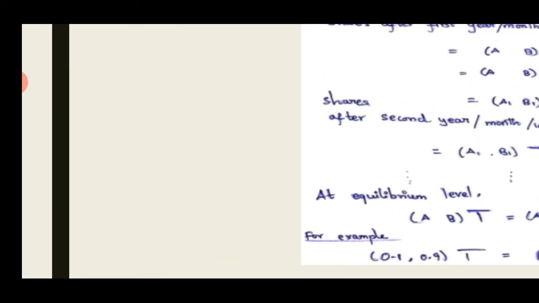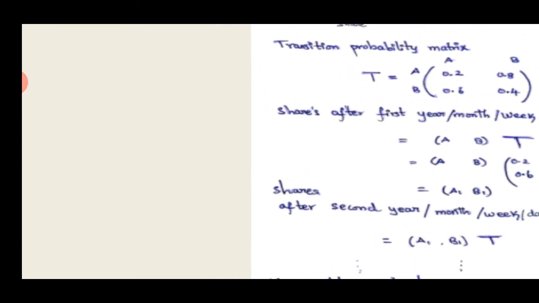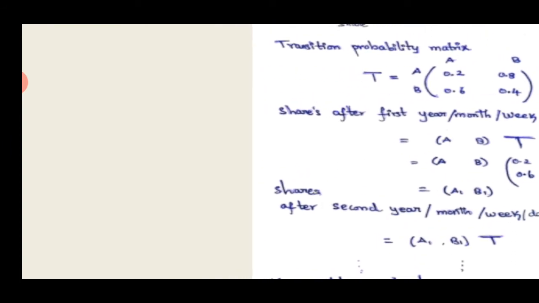Here I want to give you an example. In the transition probability matrix, just imagine A represents the Samsung users, B represents the Redmi users. So A to A you have the number 0.2. That means the Samsung users who use Samsung products are 20 percent. The next one, in the first row, second column, A to B, you can see there you have 0.8.